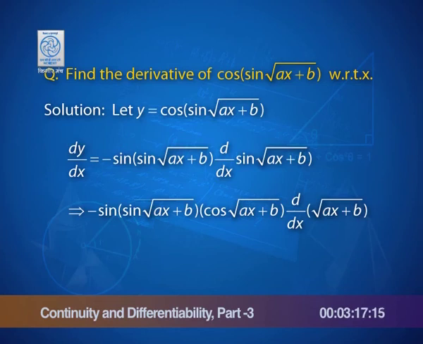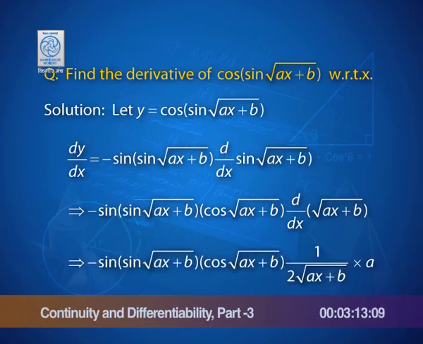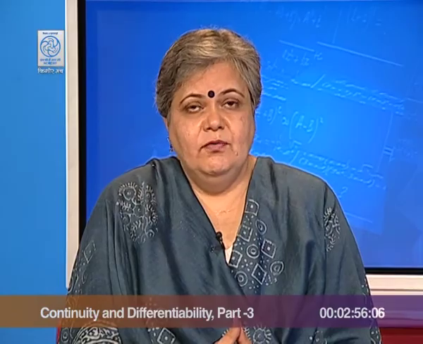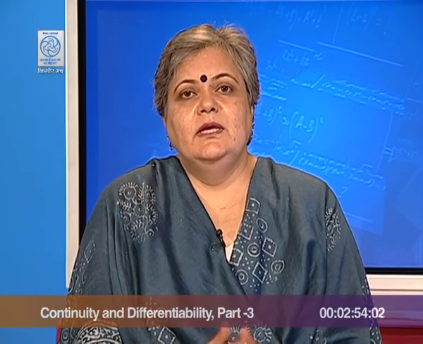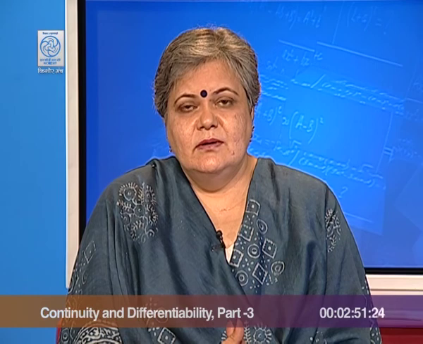So, the square root derivative would give us 1 by 2 root ax plus b. Inner function is a simpler one, ax plus b, but not an insignificant one. If you miss multiplying by a, the derivative is incorrect. And therefore, we have differentiated a function which was a composition of 4 functions without bringing this u v assumption.